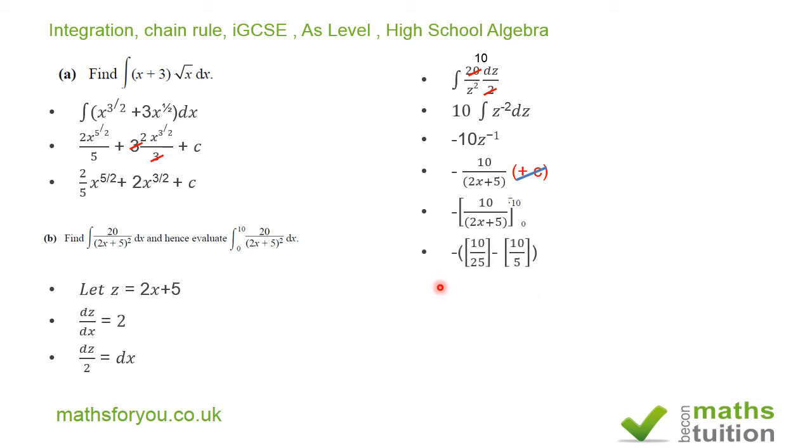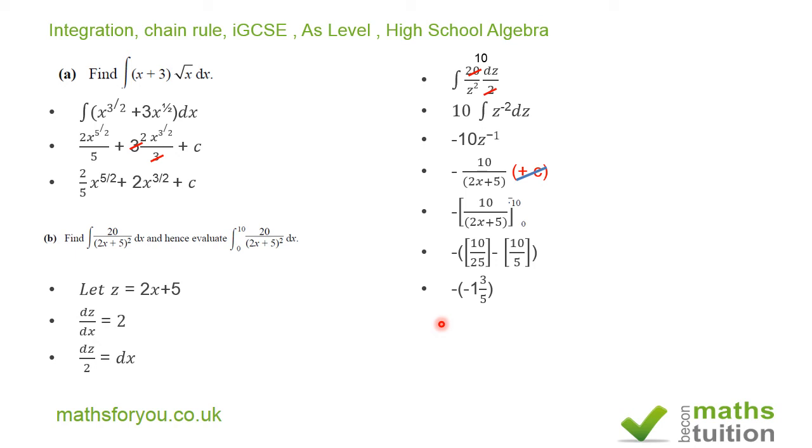We end up with 10 over 25, not forgetting the minus outside the bracket. 10 over 25, because 2 times 10 is 20, 20 plus 5 is 25, minus 10 over 5, because 2 times 0 is 0, and 0 plus 5 is 5. And 10 over 25 is 2 over 5, and 10 over 5 is just 2. 2 over 5 minus 2 gives us minus 1 3/5.